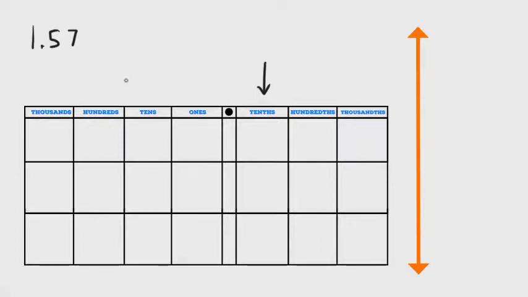So we start with its basic form: 1, 5 tenths, and 7 hundredths, right? And then we could also break it down as 15 tenths and 7 hundredths, or we can just break it down as 157 hundredths, right?